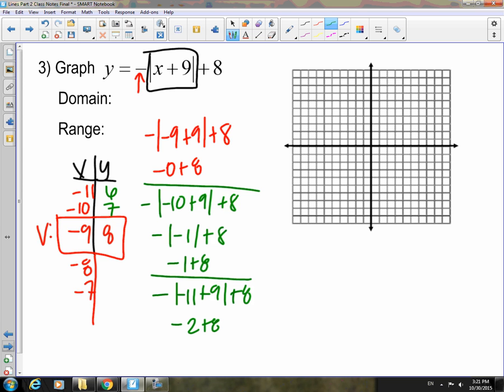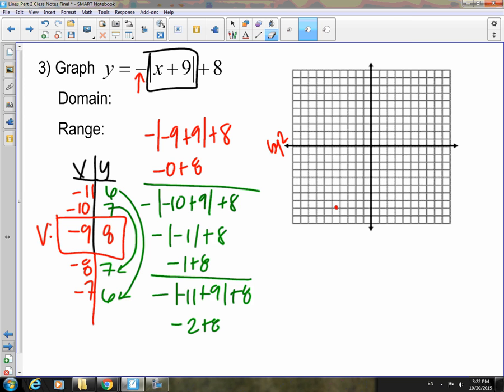Now if I'm going to reflect these around, my 7 is going to get matched up 1 across, and then my 6 will get matched up 2 away from that vertex. So -9, 8 is my vertex, so I'll plot that first. Maybe let's go by 2s here, so I can fit this on here. So 2, 4, 6, 8, -9 will be in the middle, and then 1, 2, 3, 4, 5, 6, 7, 8.